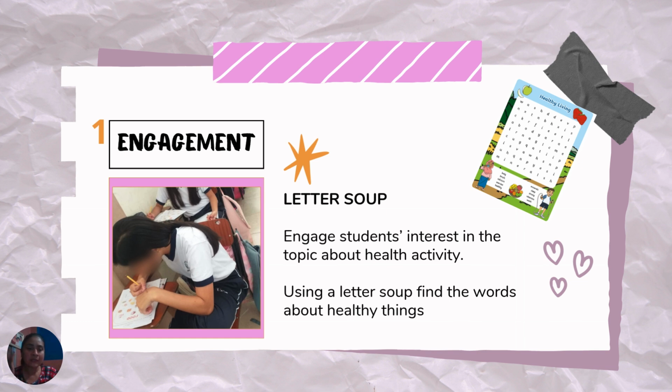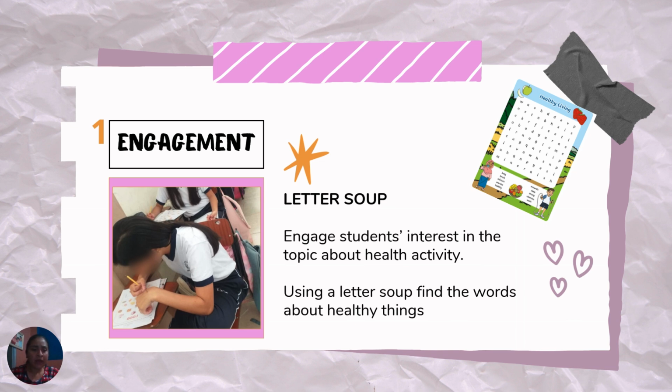So using this letter soup, they are going to find some words about this topic, about the health activities, some kind of sports, some kind of healthy food, eating healthy food, practicing, for example, physical activities, right?